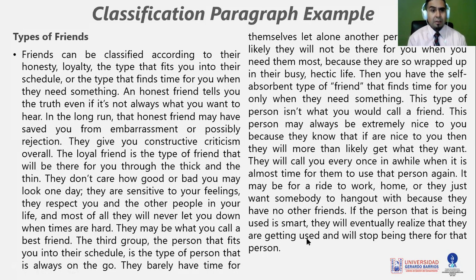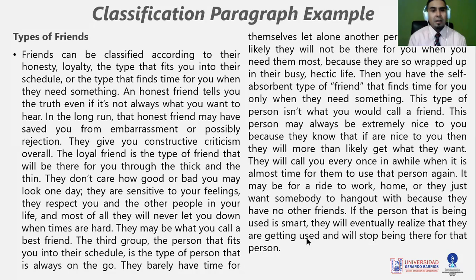It says friends can be classified according to their honesty, loyalty, the type that fits you into their schedule, or the type that finds time for you when they need something. Those are the 4 categories. Okay, and we're going to talk about each one of them.